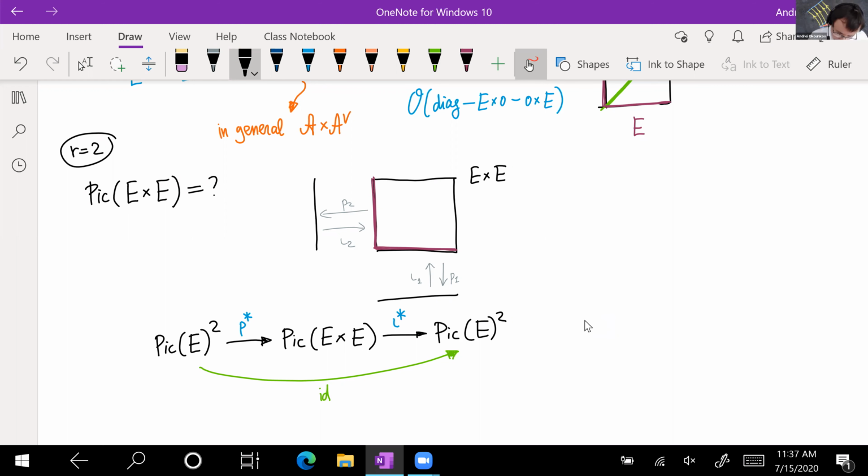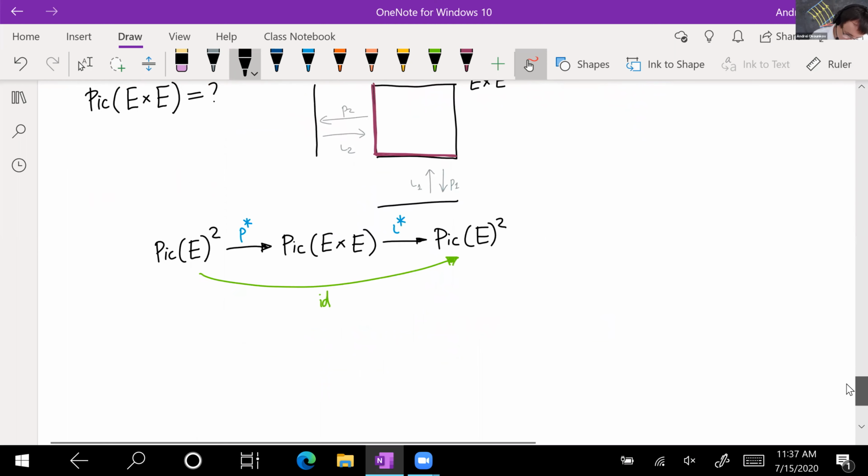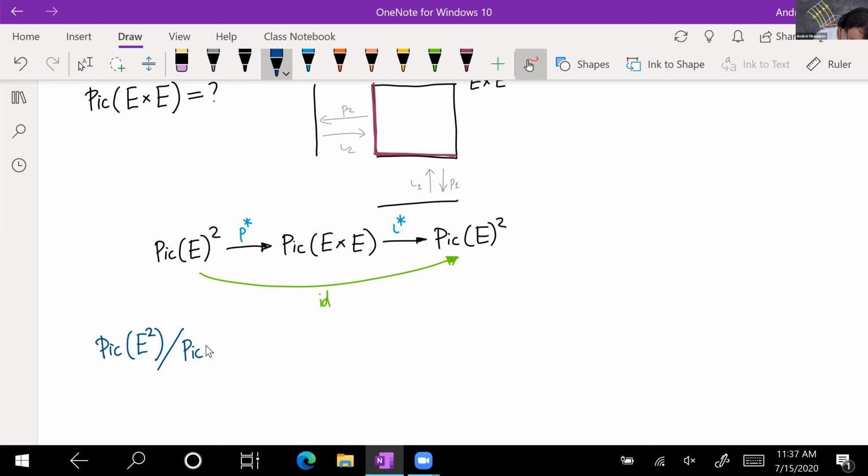Right? And so if we take the quotient, Pic E square modulo Pic E square, we can think of these as line bundles trivial on the image, on this purple thing.